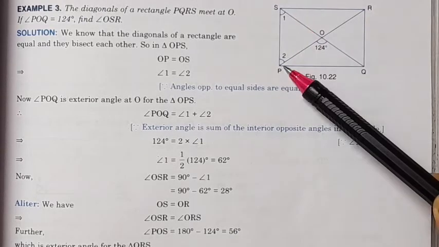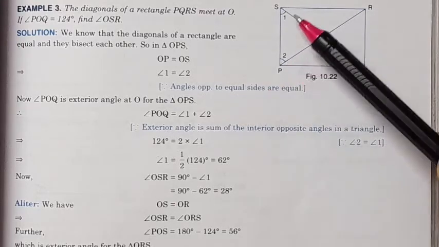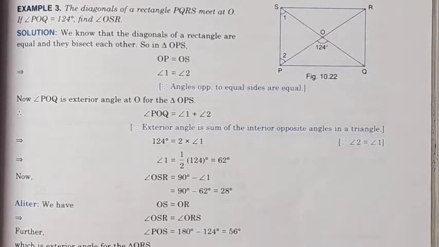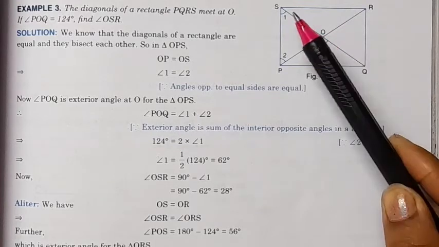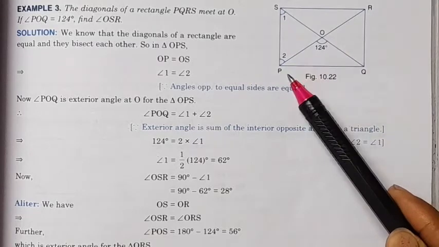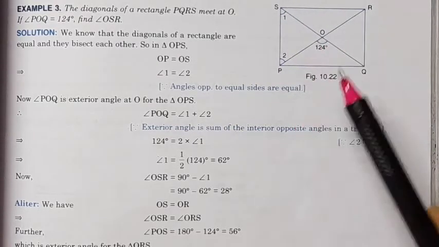Why, children? Because angle opposite to equal sides are also equal. Now we know that angle SOP is missing. Clear?